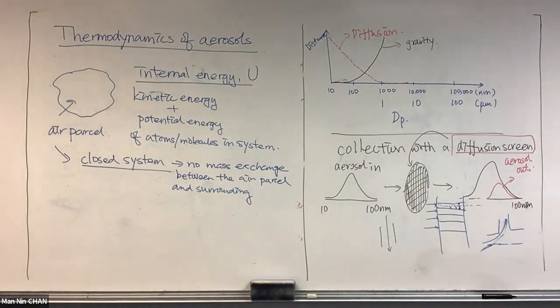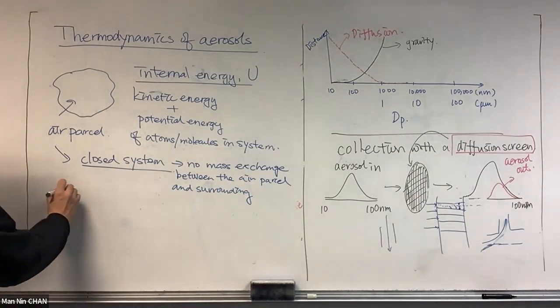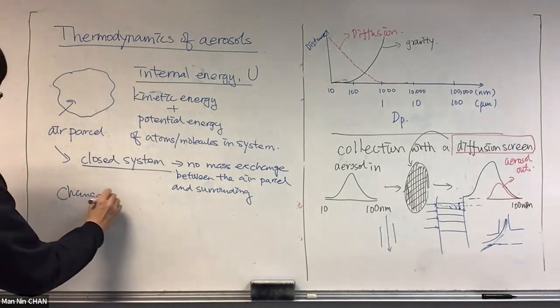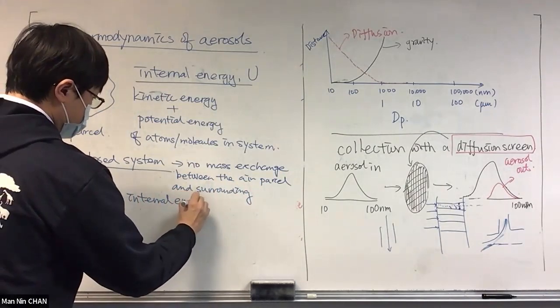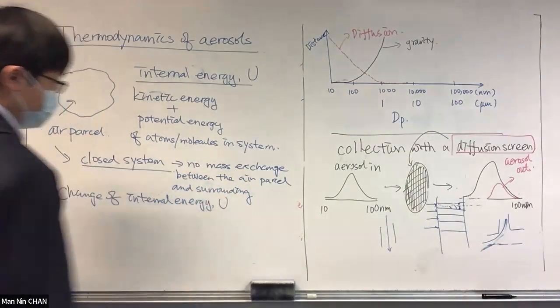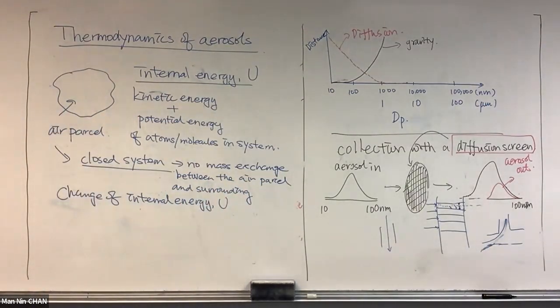And also, when we talk about the internal energy, of course, we also talk about the change of the internal energy, dU. I think we learned this from the first law of thermodynamics.